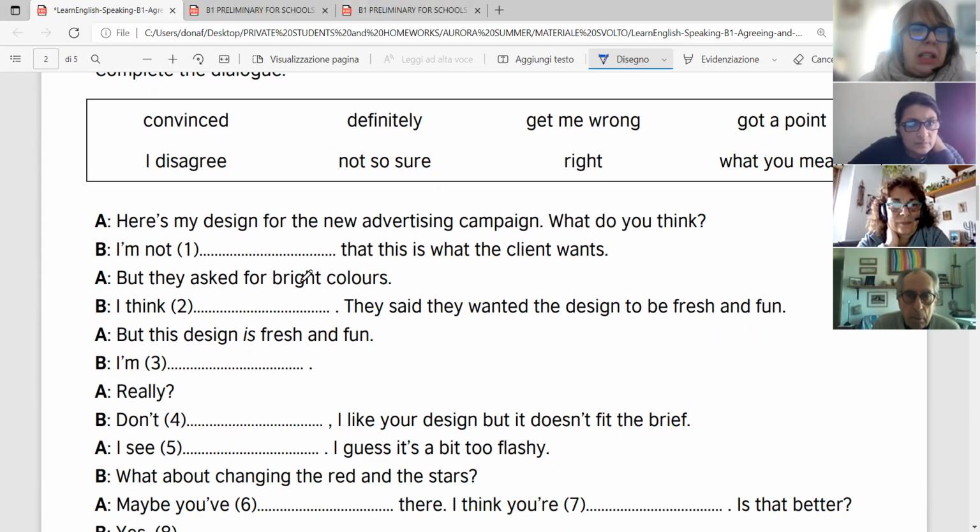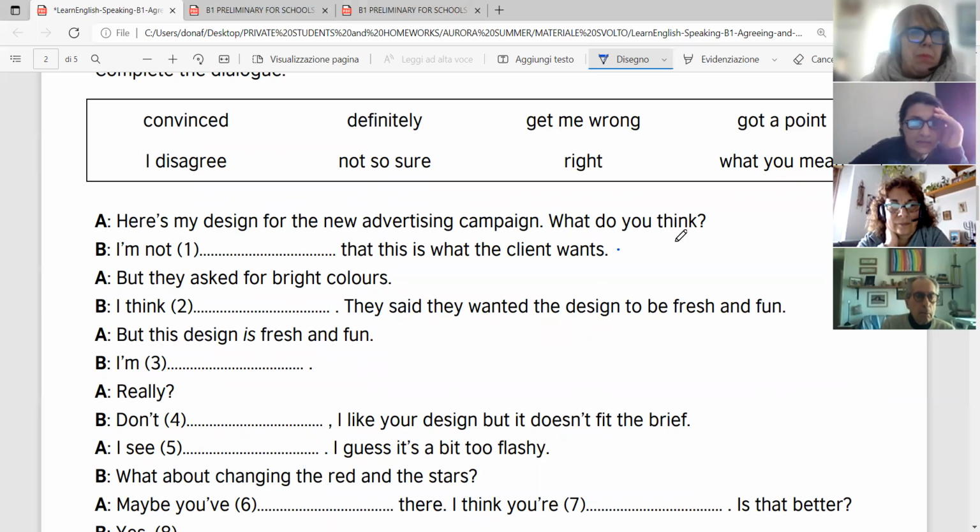So even if they are A and B, we don't care. We do a line each. I mean, each number you stop when you finish your line, and then the other one continues until number 3 and then 4 and so on. Annalisa, you start up to here.